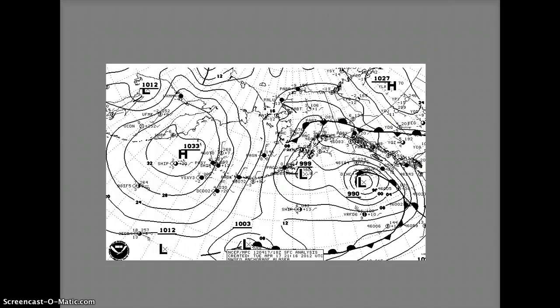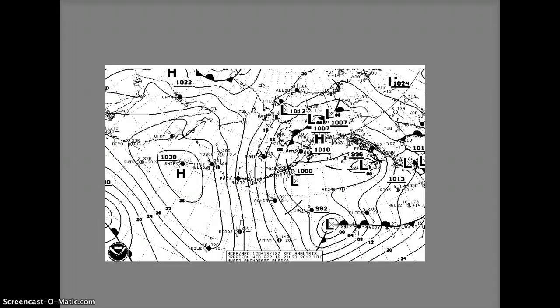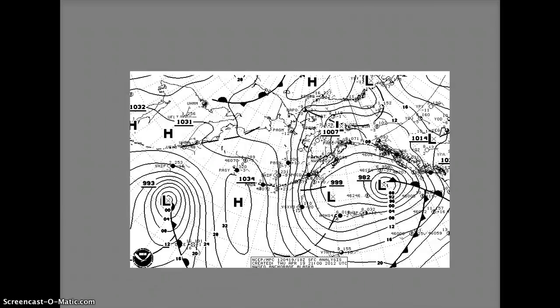On Tuesday. On Wednesday, the high pressure system was followed by the arrival of a low pressure system over the area as well. The barometric pressure rose, and the front stabilized over the area. On Thursday, all the high pressure systems were out of the area.